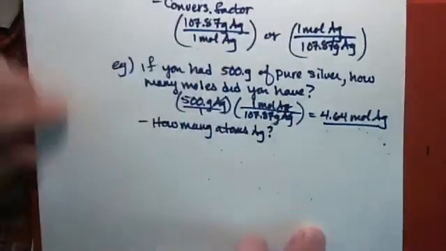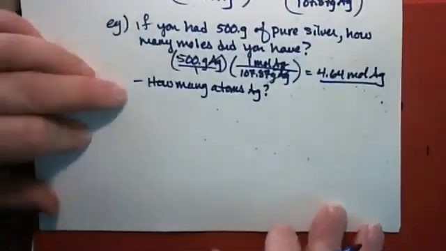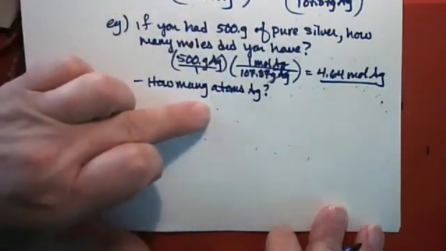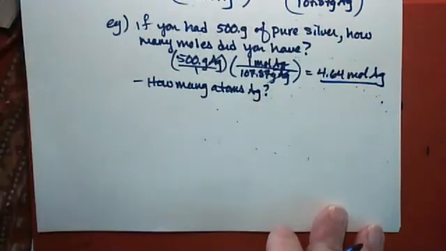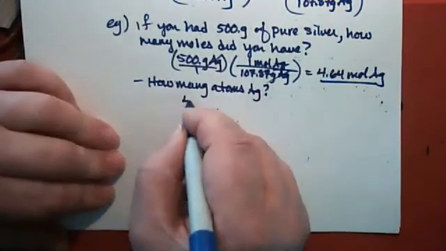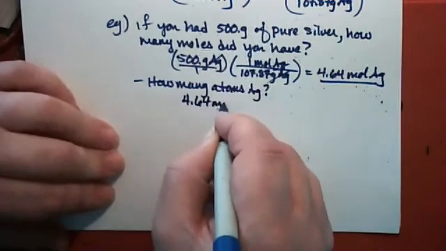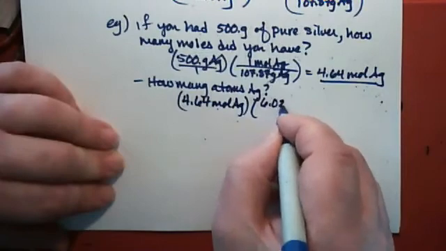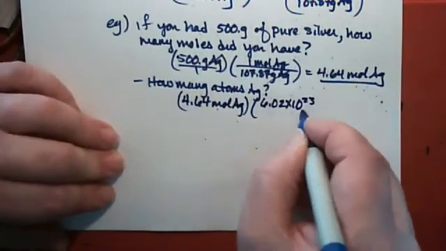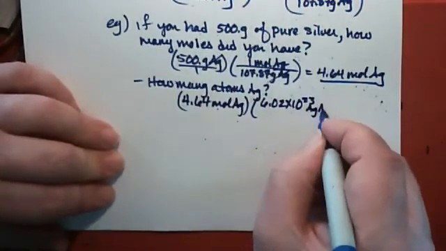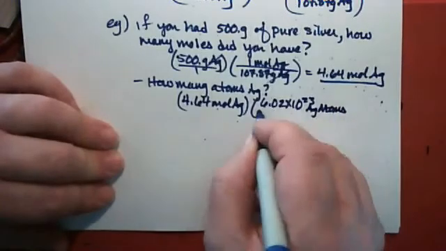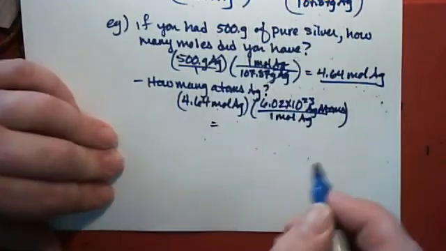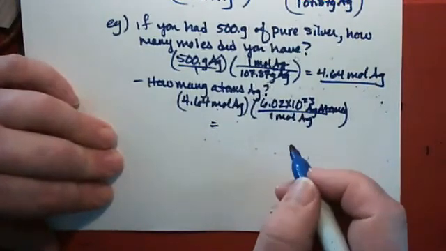And you might also want to know how many atoms of silver that was. In order to go from mass to number of items, you have to go by way of moles. So now that we found the number of moles, we know the number of items in a mole, and we can find out how many items that is.